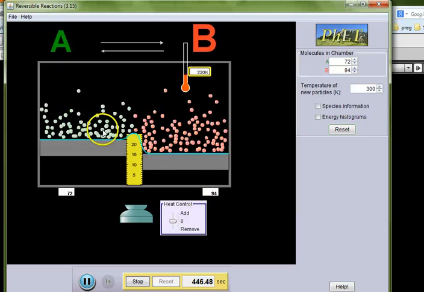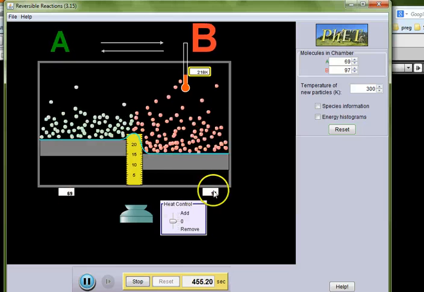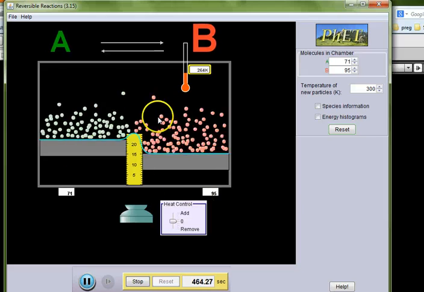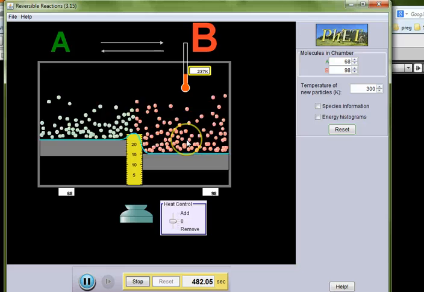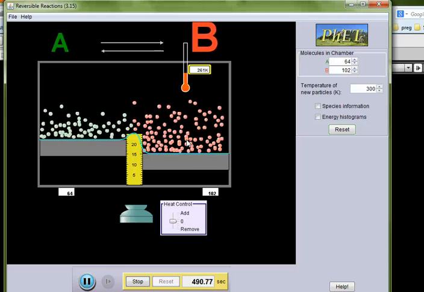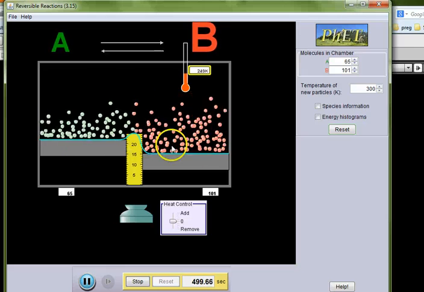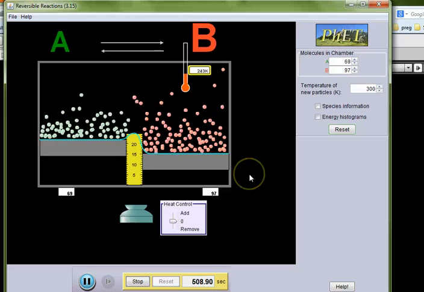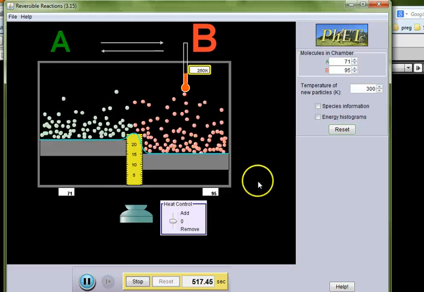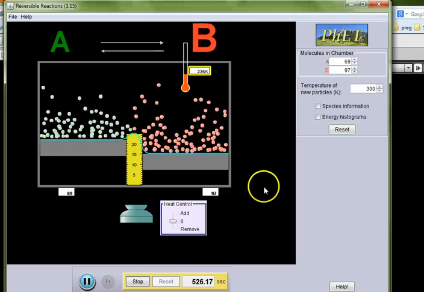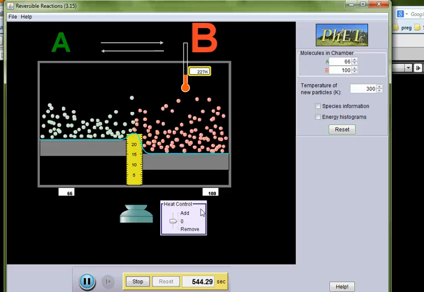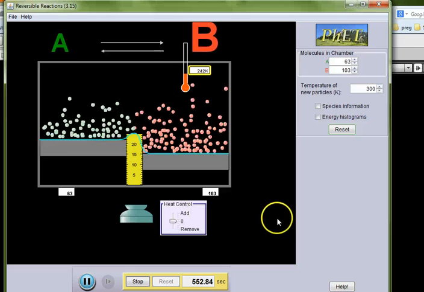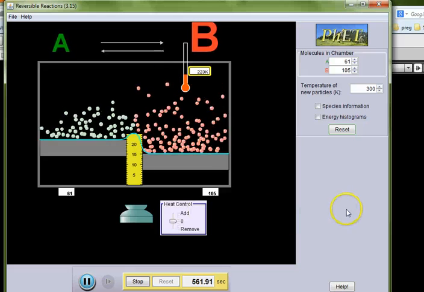You added more of A, and if you let the reaction go for some more time, the A should reduce and the B should increase. We are adding stress here, so let's wait until it reaches equilibrium. When these numbers don't change by a lot, we can pause the reaction and see what the equilibrium constant is.